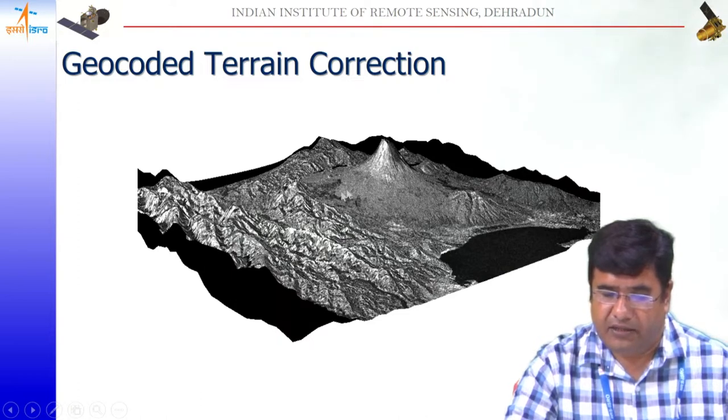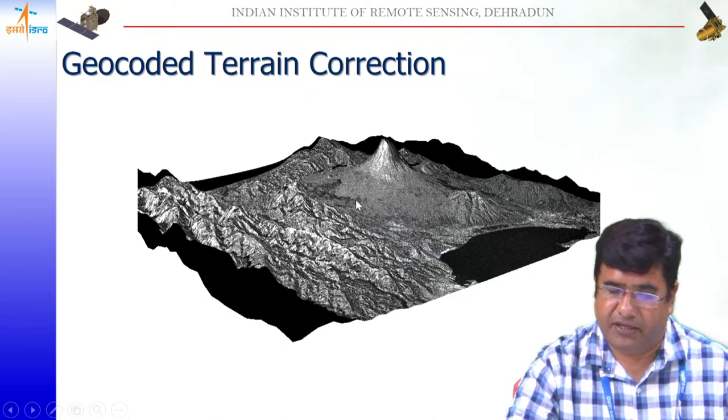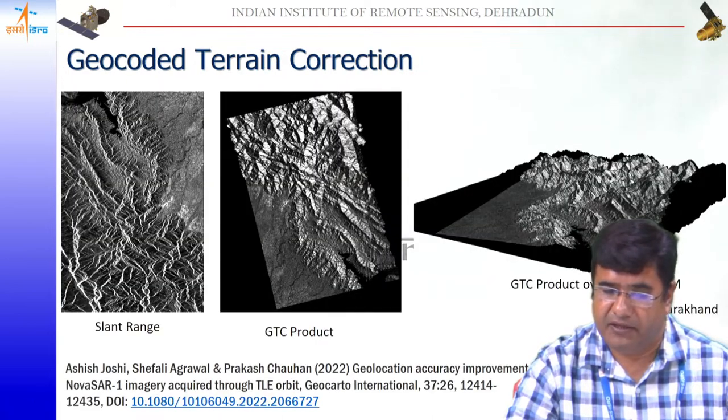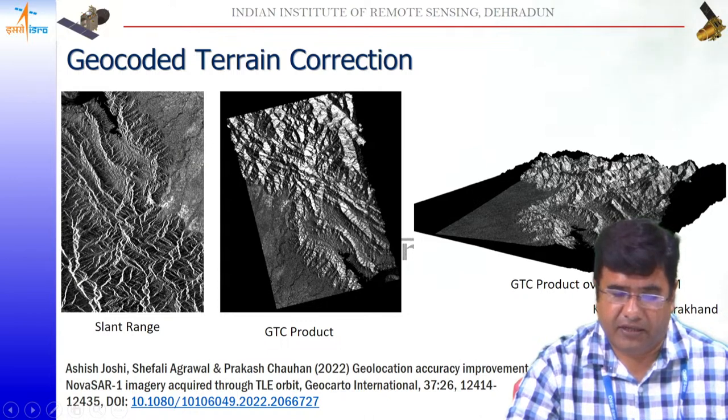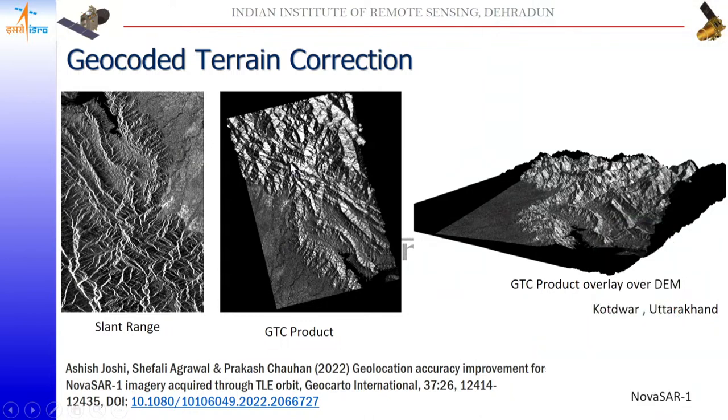This is another 3D visualization of the geocoded terrain corrected product. This is a PALSAR image, and this is also the slant range image, and this is a GTC product for the NovaSAR-1 S-band satellite.